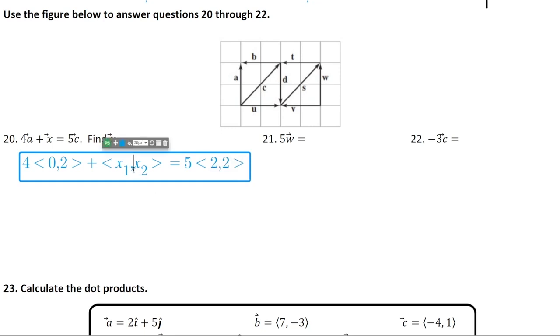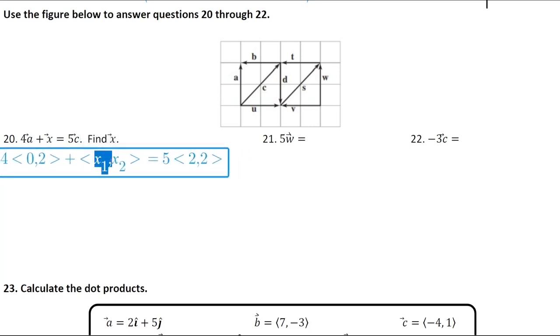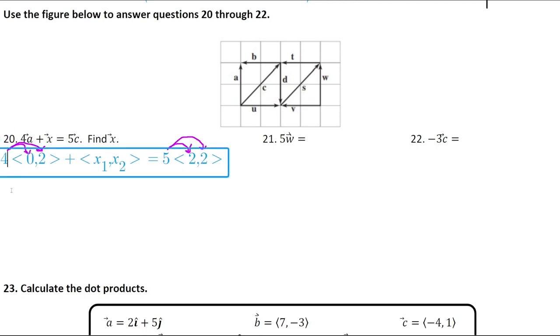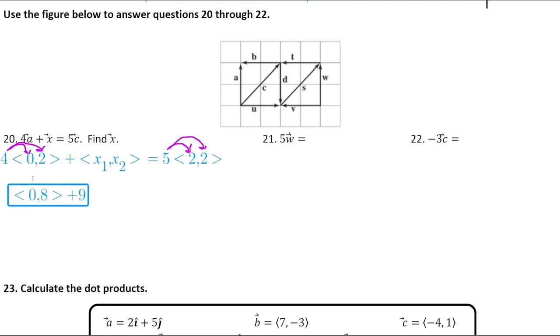Okay, so let's simplify this a little bit and see if we can figure out what this vector is. This is vector x. So we're going to first distribute the 4. Multiply this scalar by this vector. We're also going to multiply this scalar 5 by this vector 2, 2. So 4 times the vector 0, 2 would be 0, 8 plus, and really we can just call this vector x. We don't need to give the components specific names.